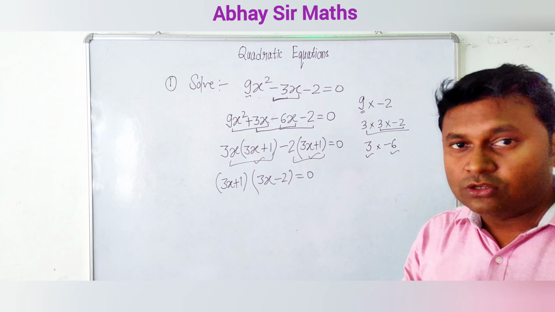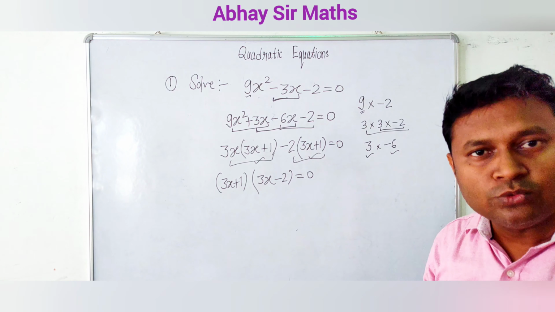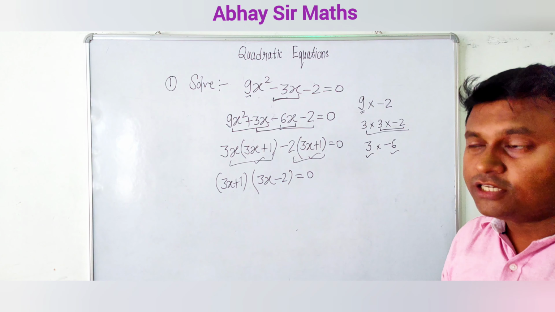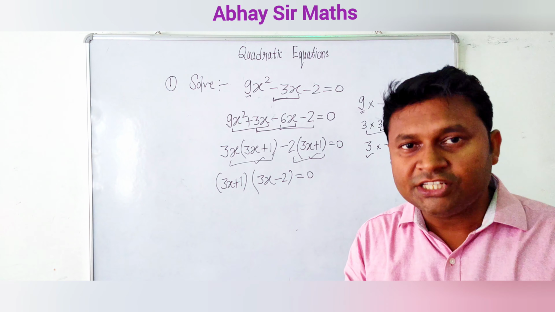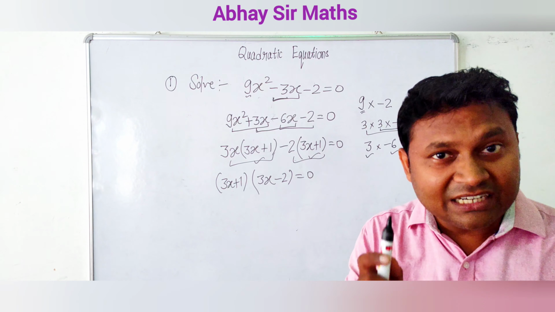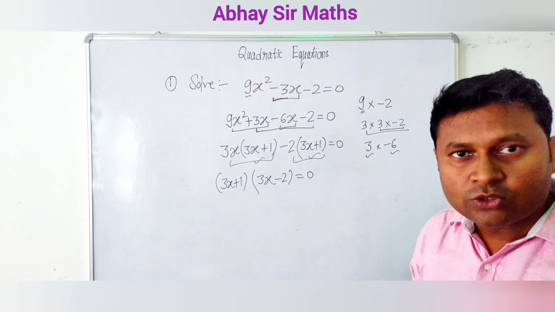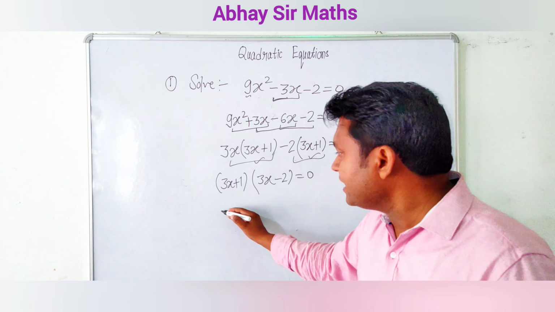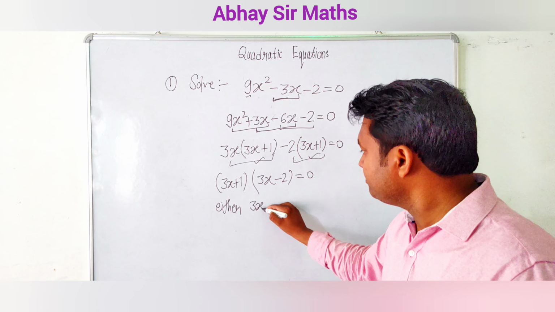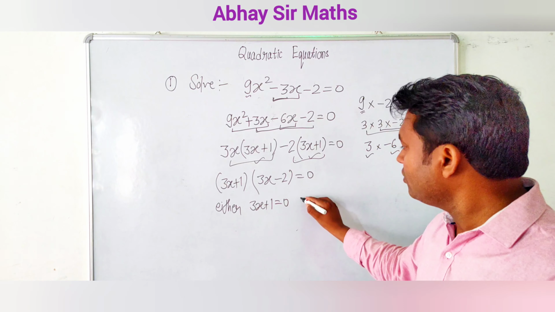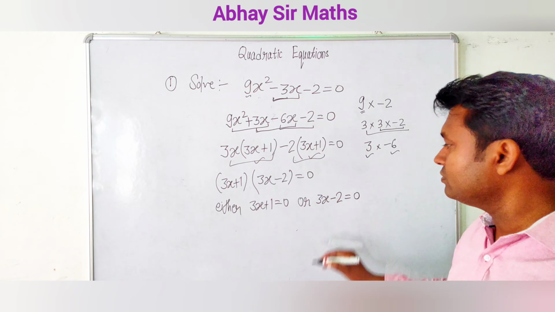Now it's time to find the values of x. You can see the product of two numbers is equal to 0. When will the product of two numbers be 0? When at least one of them is 0. We don't know which one is 0, so either 3x plus 1 equal to 0 or 3x minus 2 equal to 0.